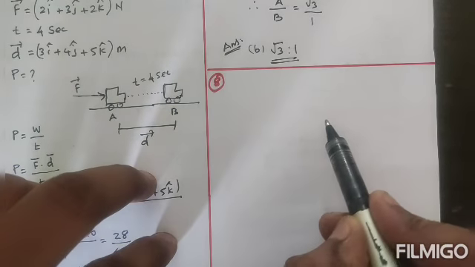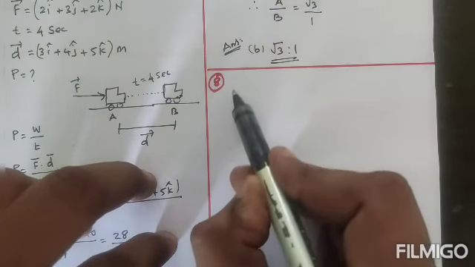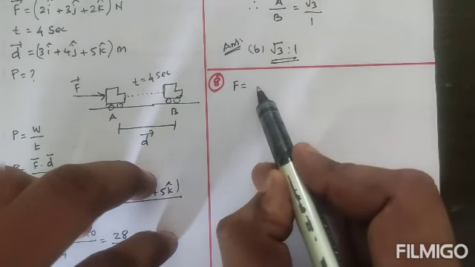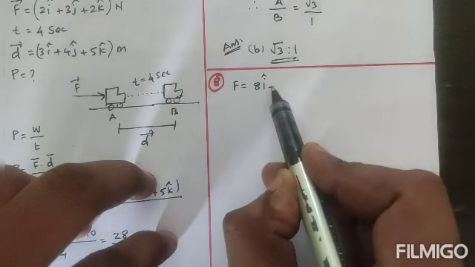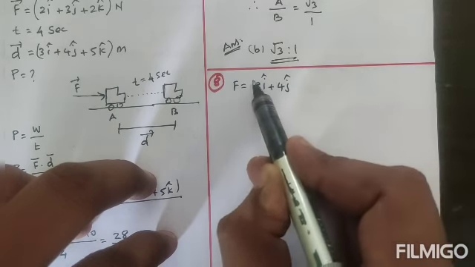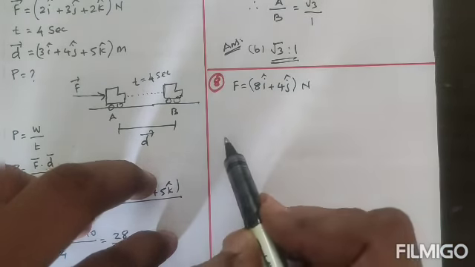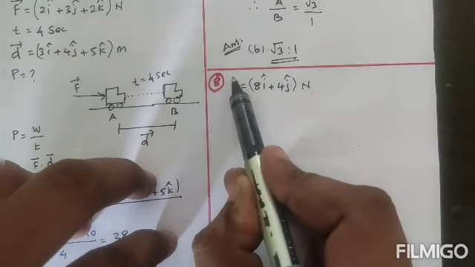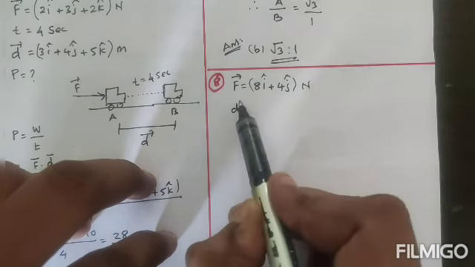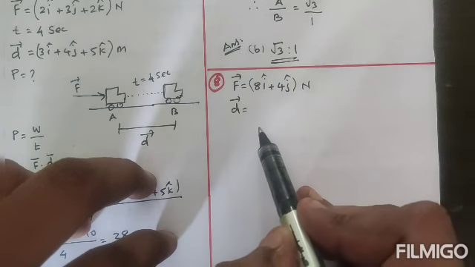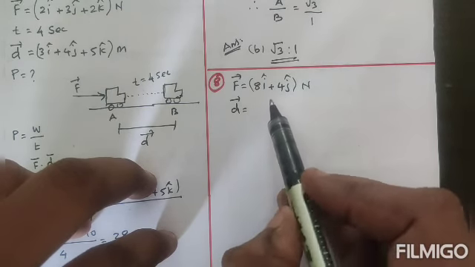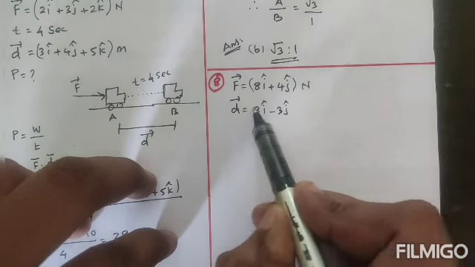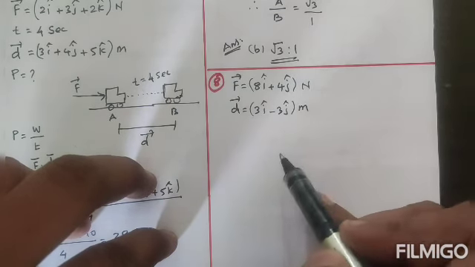For example, this is the object. First write the given information. Force is given: F is equal to 8 î plus 4 ĵ Newton. Then displacement is given, that is a vector: d is equal to 3 î minus 3 ĵ, and the unit is meter.